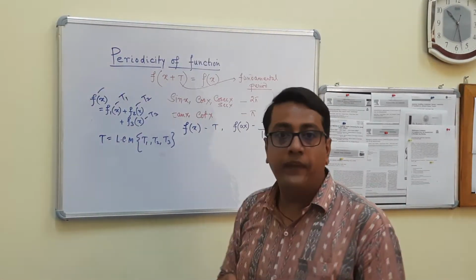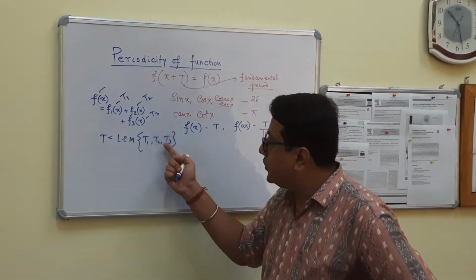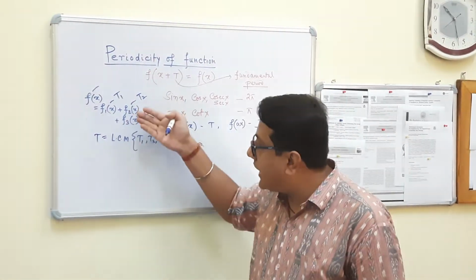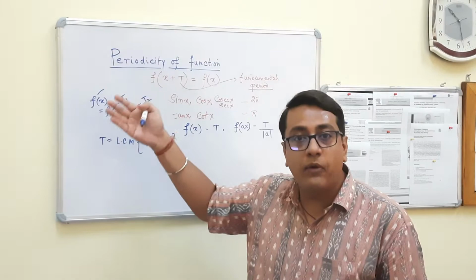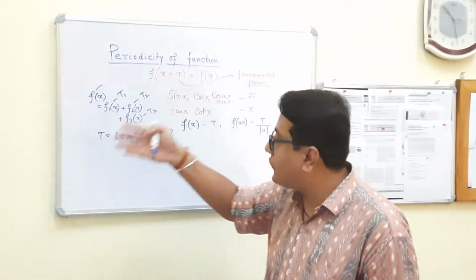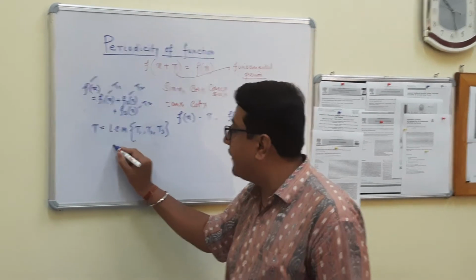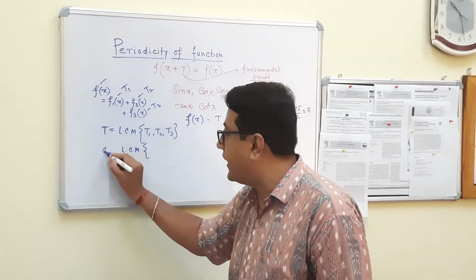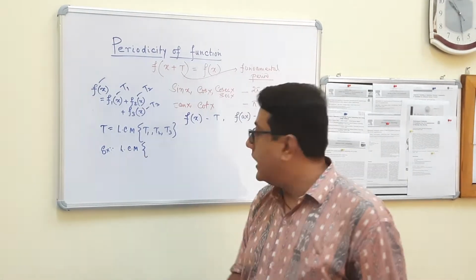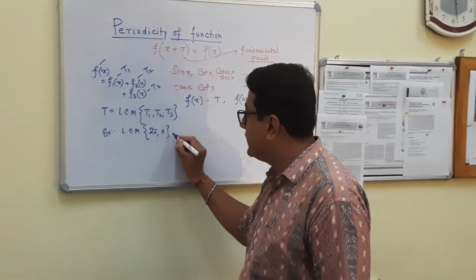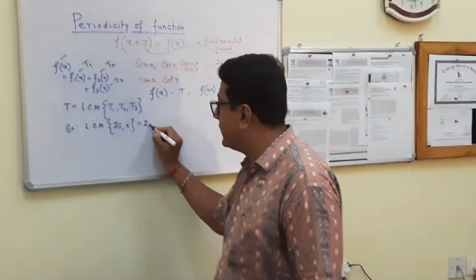And one more thing, these T1, T2, T3, which are the periods of the individual functions, may be either from linear combinations or non-linear combinations, but generally we take the case of linear combinations. For example, if we have to find the LCM of 2 pi and pi, this is simply equal to 2 pi.